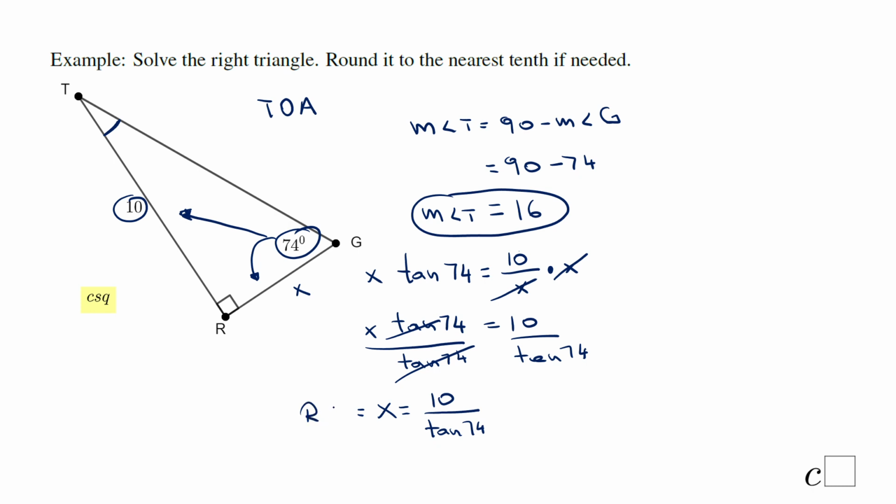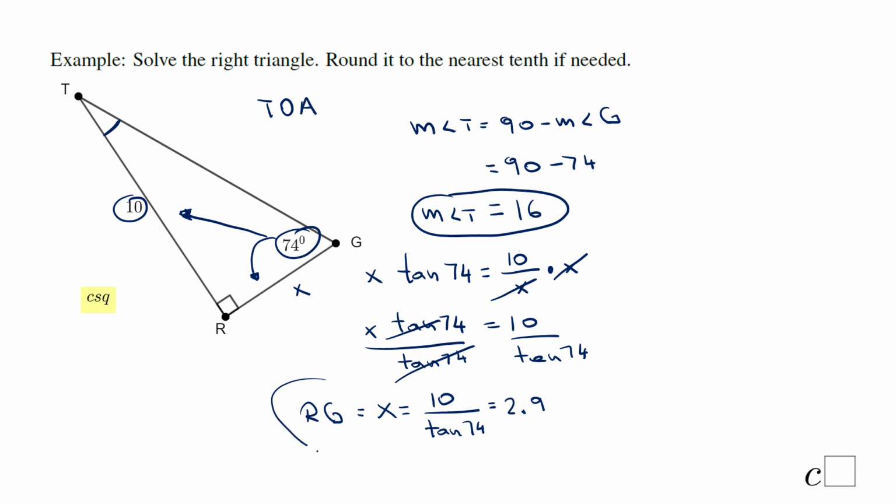The only thing you want to do now, since we need to evaluate, is grab a calculator. I end up with 2.86. And I'm going to round it to the nearest tenth, 2.9.